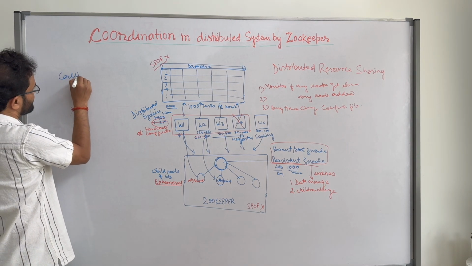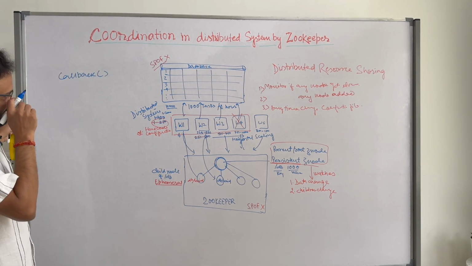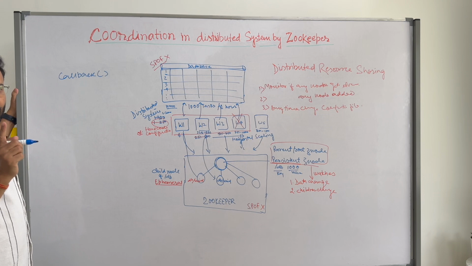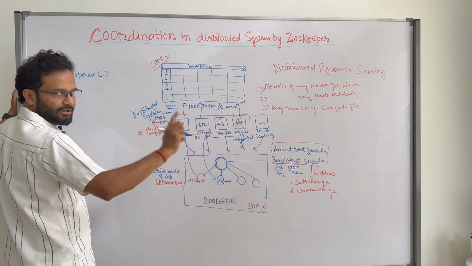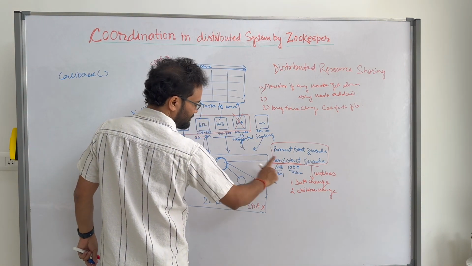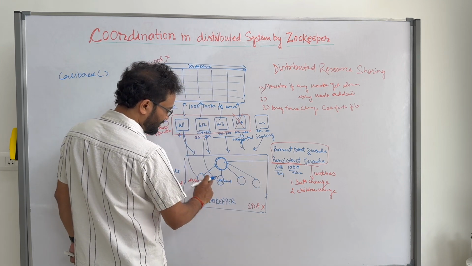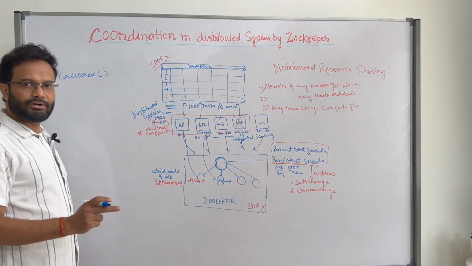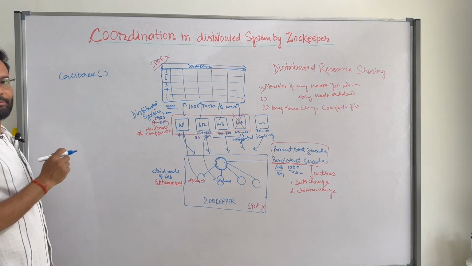You can give any name for the callback method, and this method will be called by the ZooKeeper on each machine in two scenarios: if the value of the parent node is changed, or if any number of children have been added or deleted. In both cases this callback method will be called.